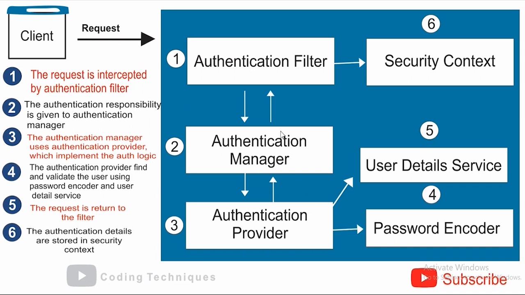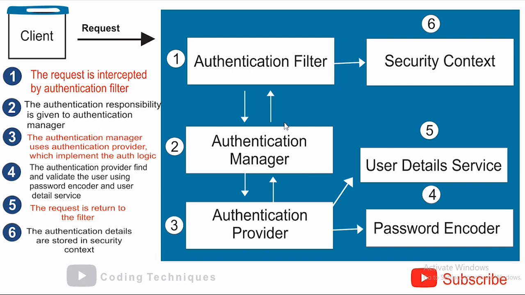So here is the arrow which represents the request and the response. If the authentication is successful, then it will be stored in the security context. The authentication details are stored in the security context after this process, and if the process is not successful, then it will return to the login page.